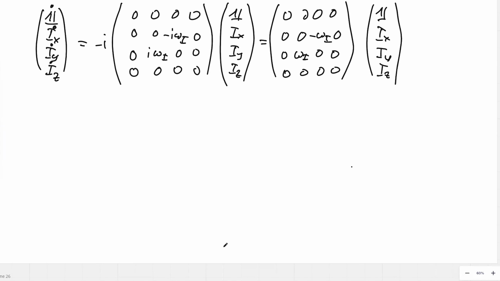So great. We know now how to convert a Hamiltonian into the superoperator formalism in two different bases.